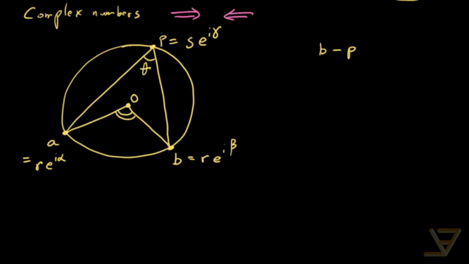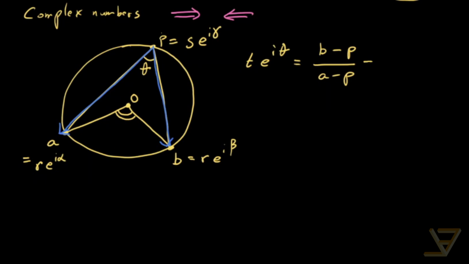So b minus p is this vector, and a minus p is this vector. So we're going to do b minus p over a minus p, and we're going to call that t times e to the i theta. And theta is what relates it to the inscribed angle.